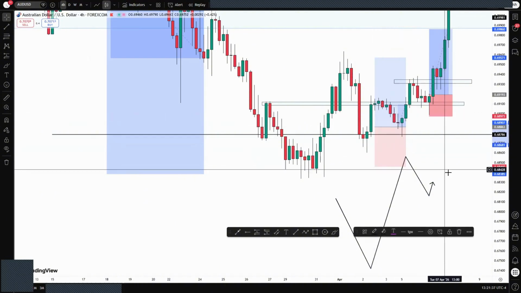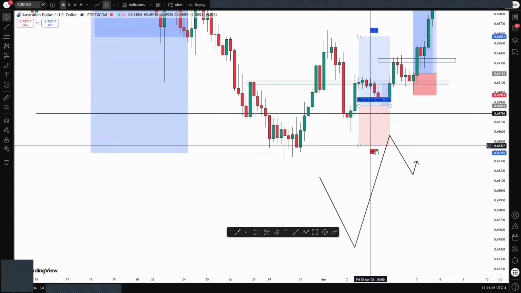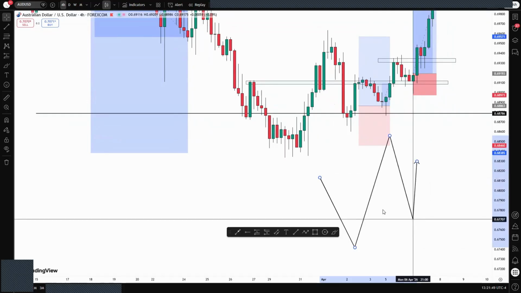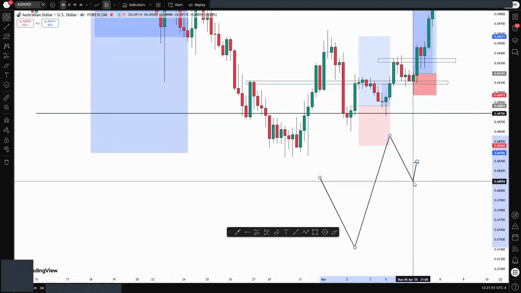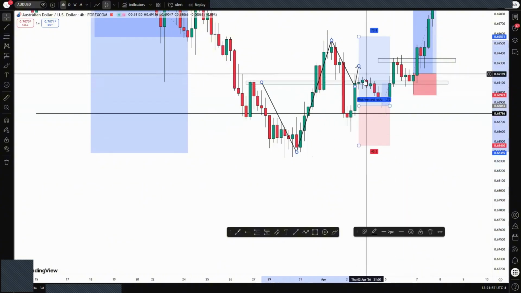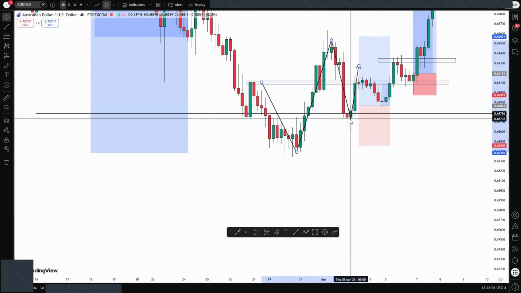So what do I want? I want price to at least tap into this whole big level here before I can actually buy. What does price do? Price breaks inside, you see?